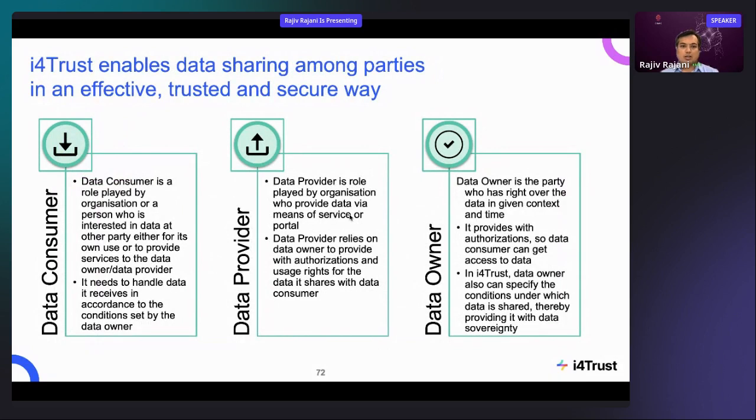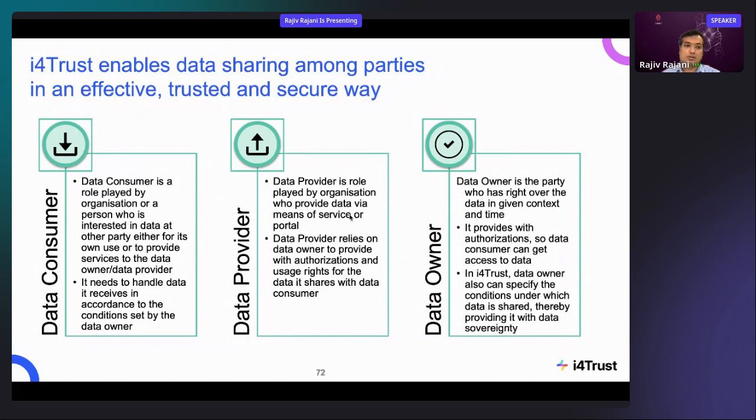iForTrust of course enables data sharing among parties, and these are the roles which are interested in data sharing. I explained the data consumer, who consumes the data.